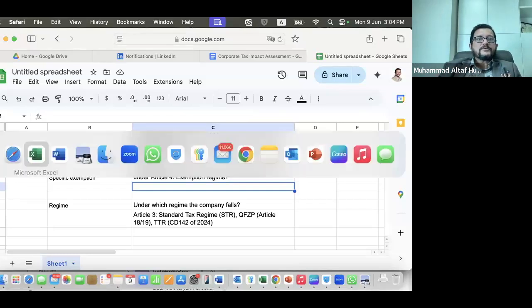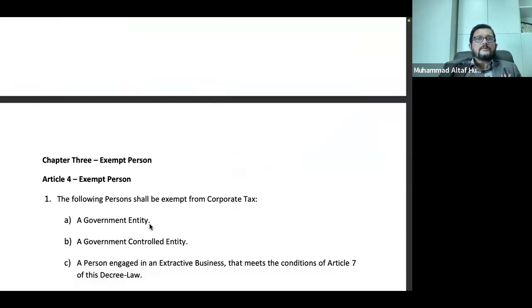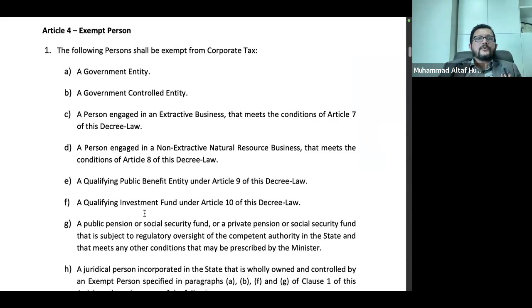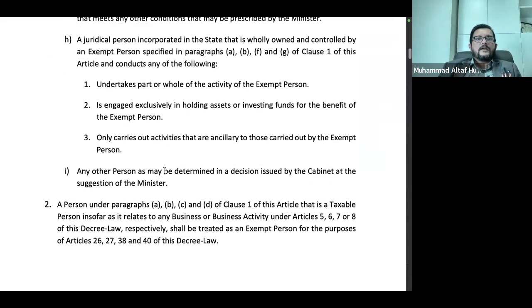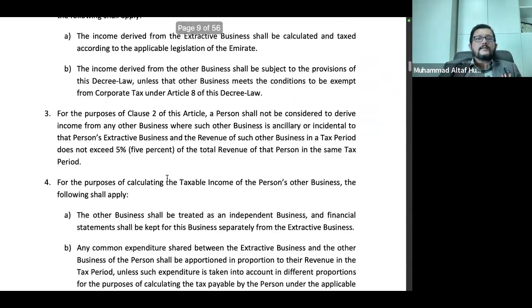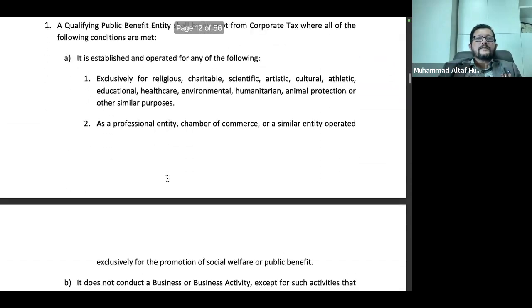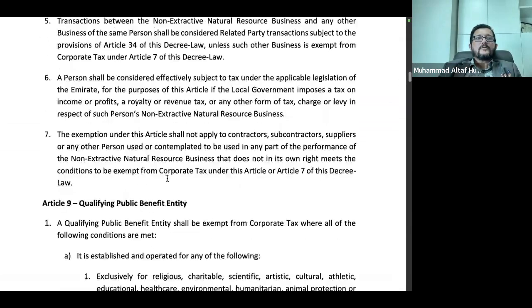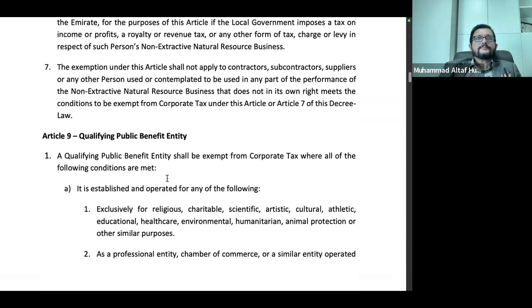Which exemptions are those? We can look at the decree law. From Article 4 until Article 10, you will see that they continue to talk about so many different things.